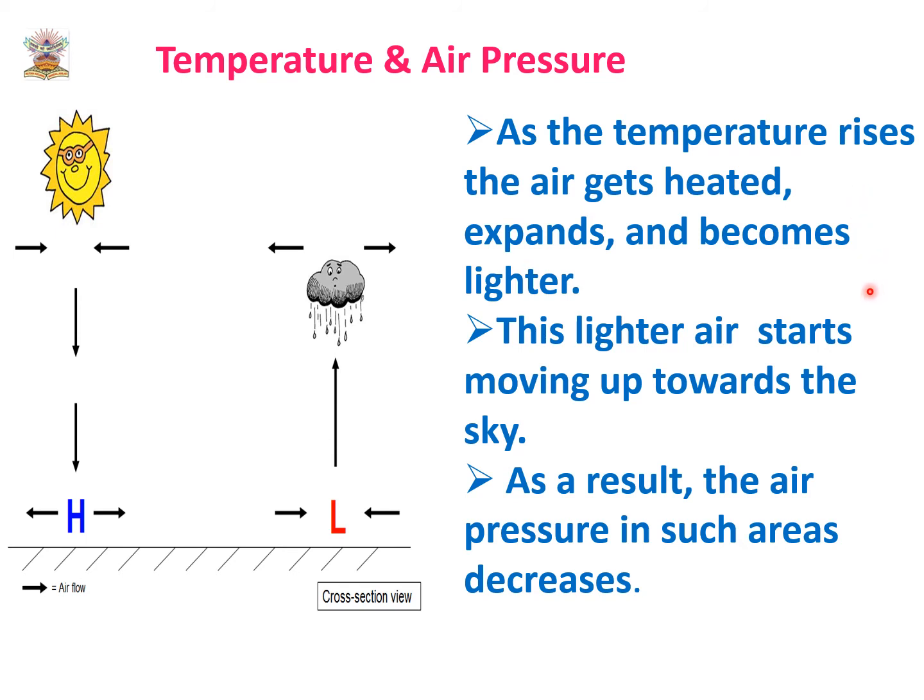It expands and becomes lighter. This lighter air starts moving up towards the sky. Now, when you fill warm air in a balloon, where will the balloon go, children? It will go up towards the sky. So, as a result, the air pressure in such areas decreases.